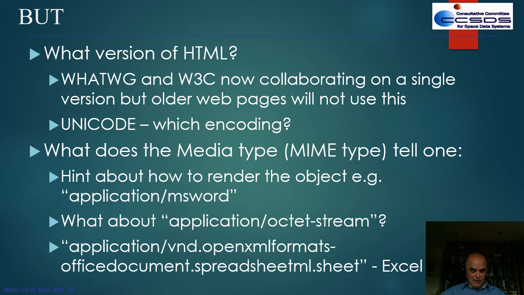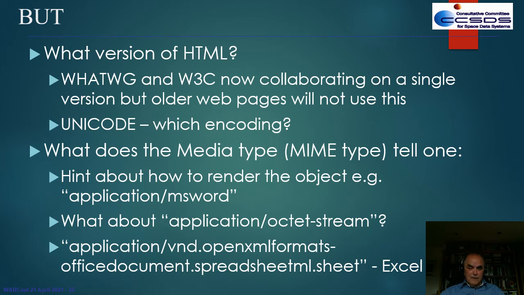However, some web pages have mistakes. Many browsers work around these errors, perhaps by making best guesses at what was really meant by the web page creator. Web pages contain information about the files, such as Word, in terms of media types, previously called MIME types, as a hint about how to display the files.